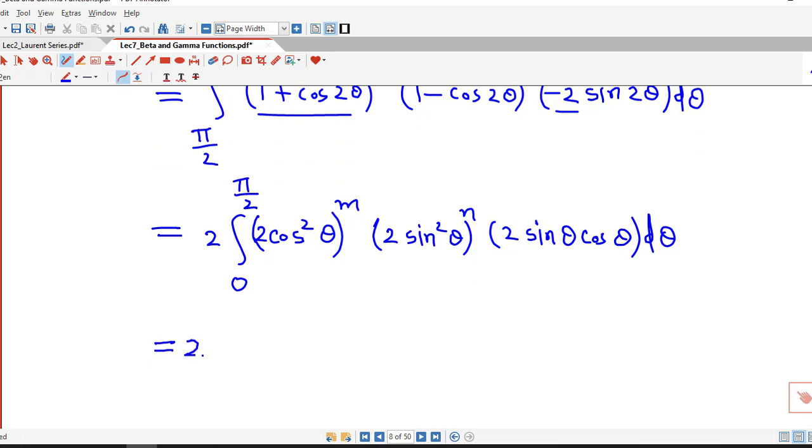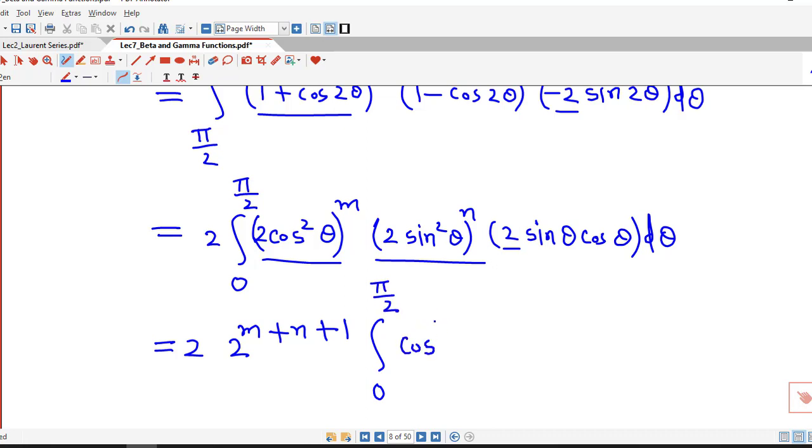So from this we will have 2 raised to m power, here we will have 2 raised to n power, and here we have 2 raised to 1 power. So we have 2 raised to m plus n plus 1, and it is independent of theta, so we can take it outside the integral. Here the power of cos will be 2m, here the power of sine is 2n, and sin theta cos theta d theta.